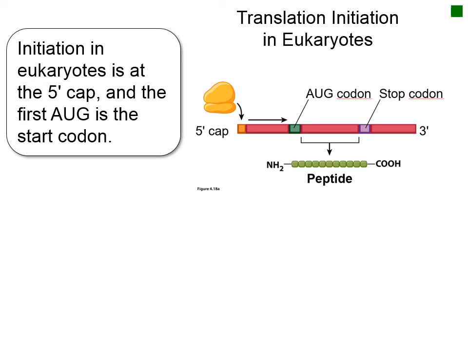In eukaryotes, translation initiation occurs when the small ribosomal subunit binds to the 5' cap and then scans along the mRNA until it finds the AUG start codon. Translation elongation then continues until the stop codon is reached and the ribosome is removed from the RNA.